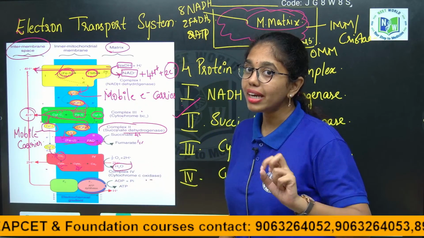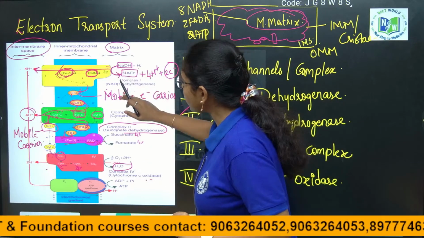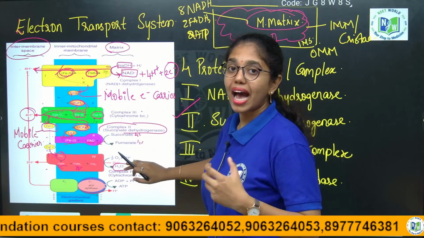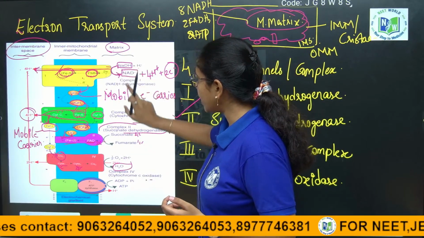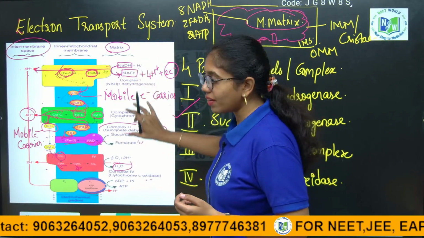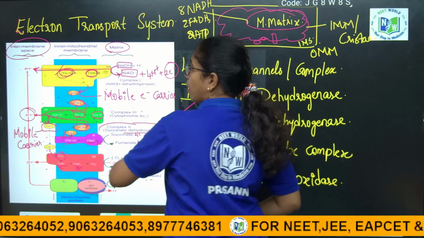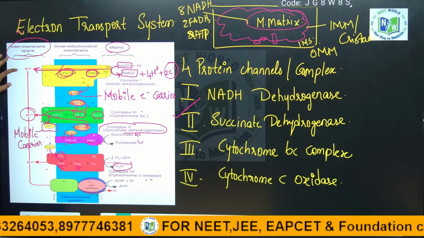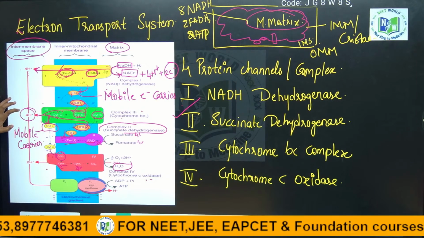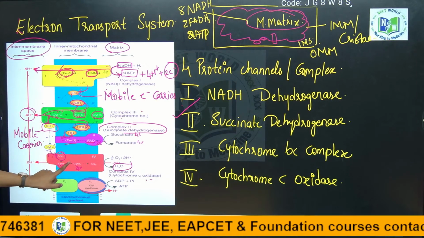If you look clearly, whatever H plus are released as a result of oxidation, be it of NADH or FADH2, are pumped out to the intermembrane space: 4 H plus from complex 1, 4 from complex 3 and 2 from complex 2.